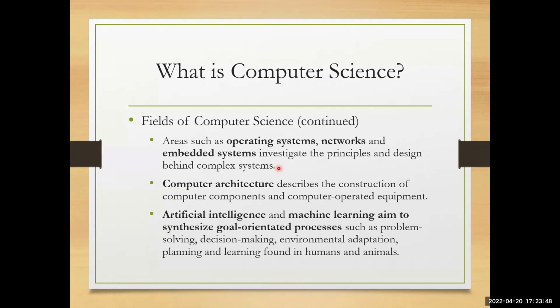The problem size may get very large, and the data amount may get very large. So we need to have large and complex systems to be able to store the large amount of information and then solve the problem. So we need to consider the principles and design behind complex systems.